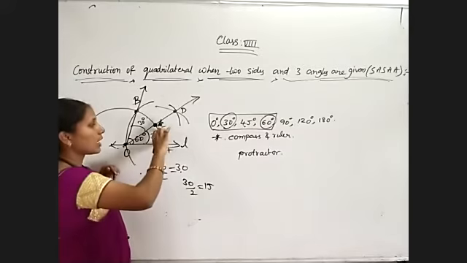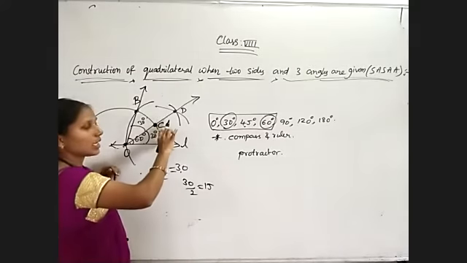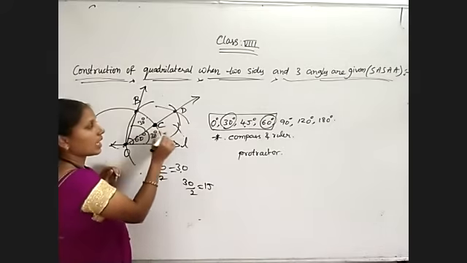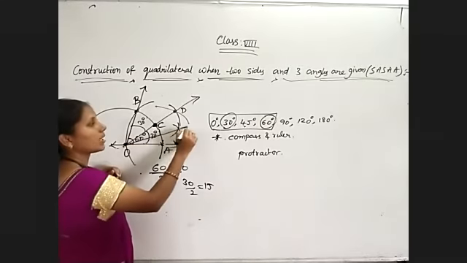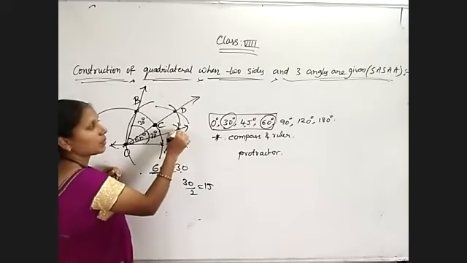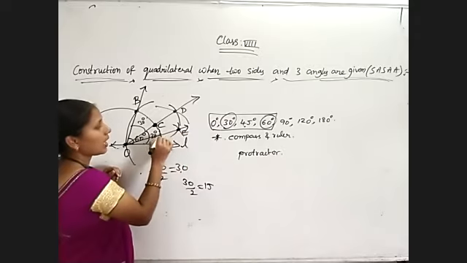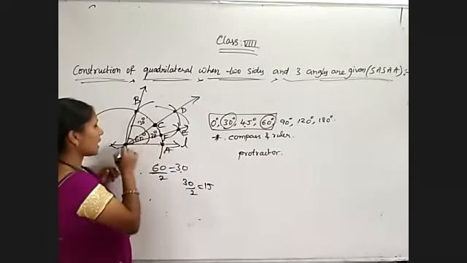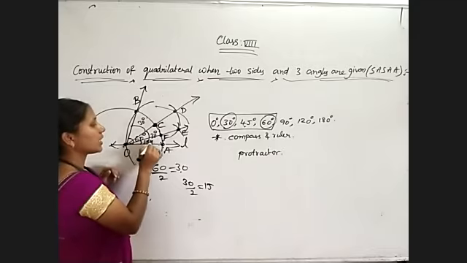So take more than half of AC. Draw an arc from here, and with C as center, cut that arc. Then locate that point and name this point as E and this one as F. Now angle FOA will be equal to 15 degrees.